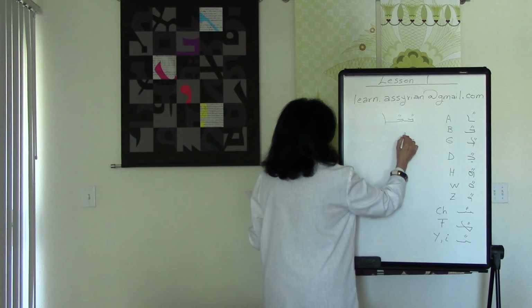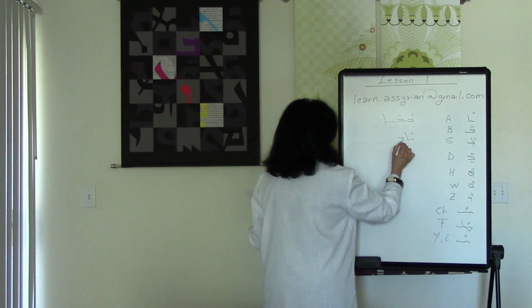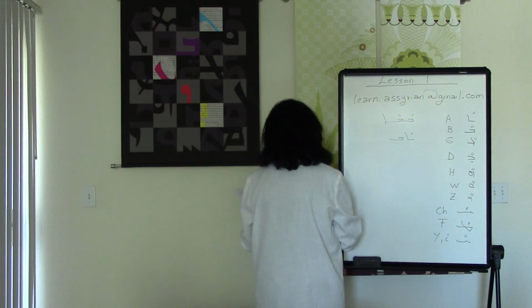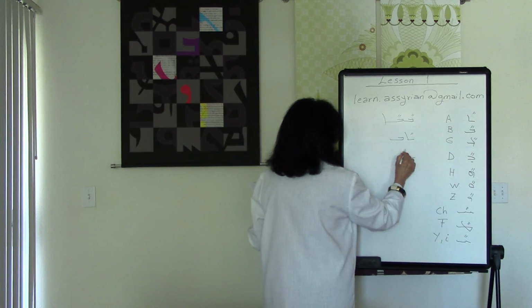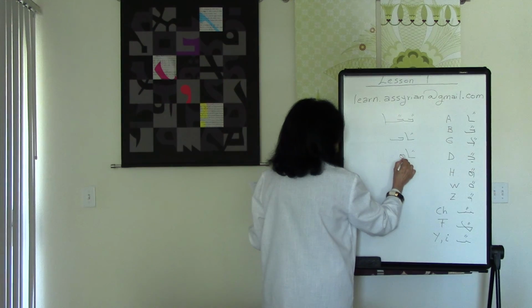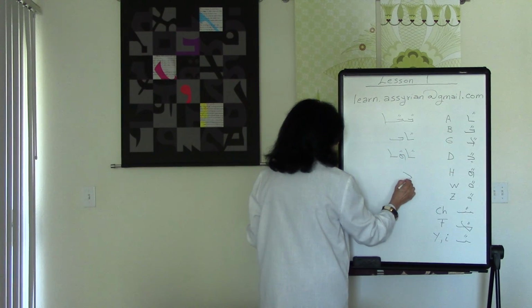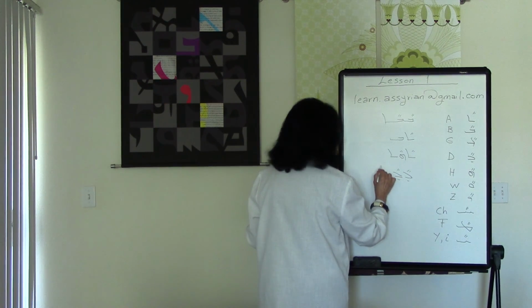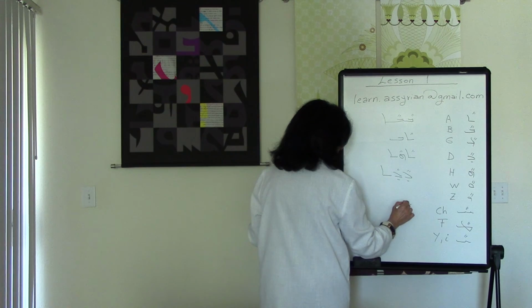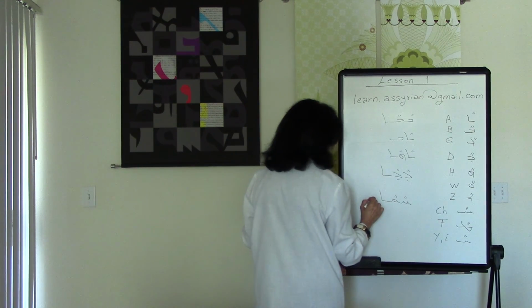Then we have ab, which is the month of August. We have aha, which means this. Dada, uncle. Hawa is Eve, Adam and Eve.